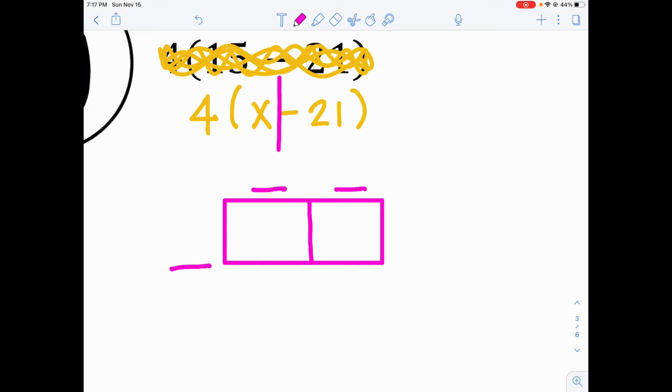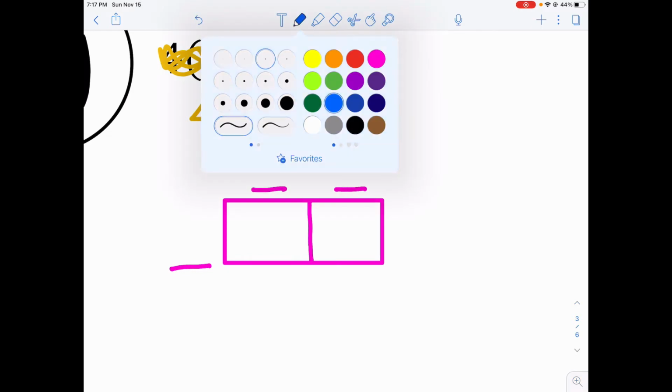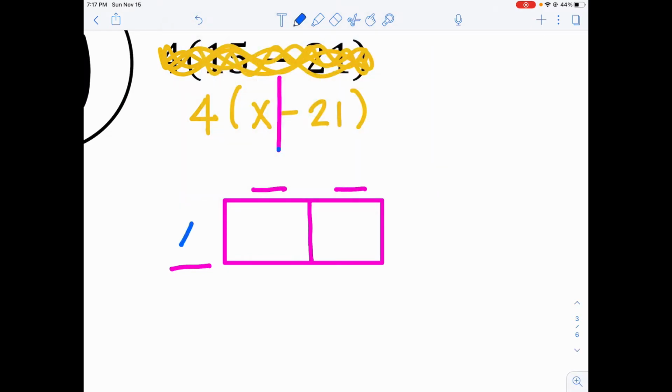Remember, that's how we're splitting it. So the number in front of the parentheses is 4, so the number in front of my boxes is 4. The term that's first in my parentheses is x, so x is what goes above the first box. And then the sign and the number go above the second box. So a negative 21 or a minus 21 goes up here.